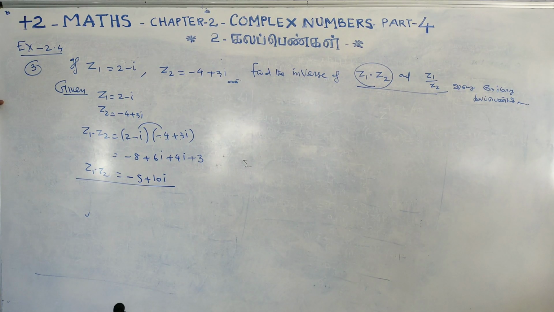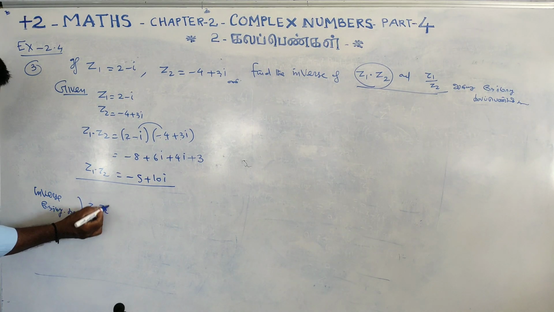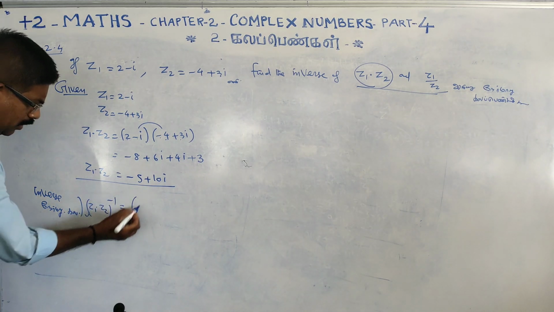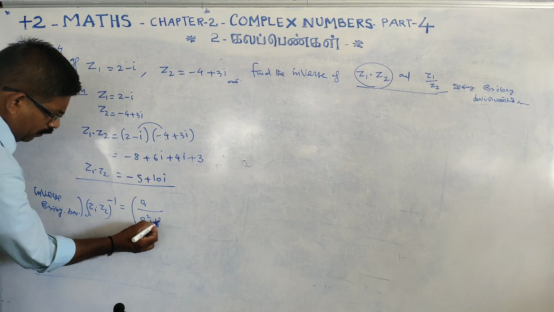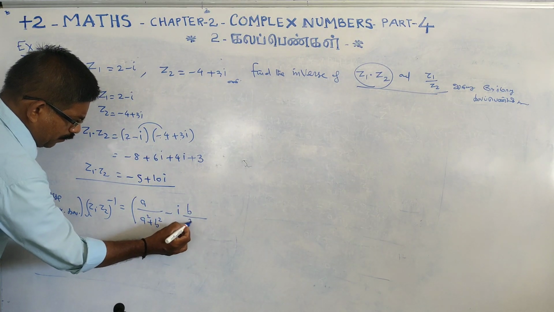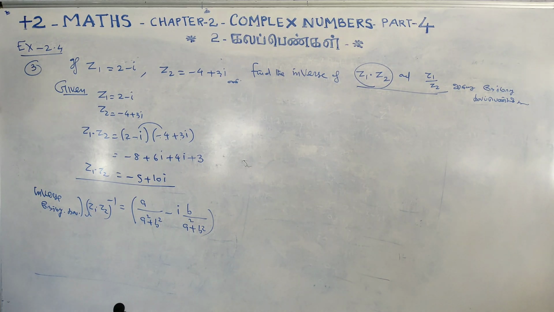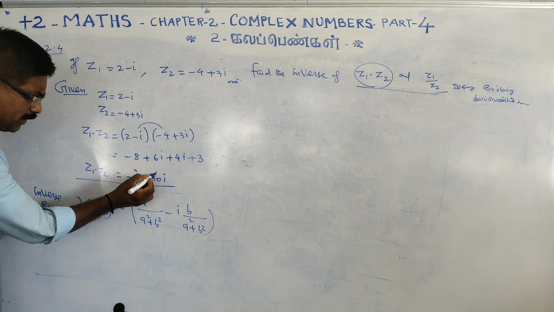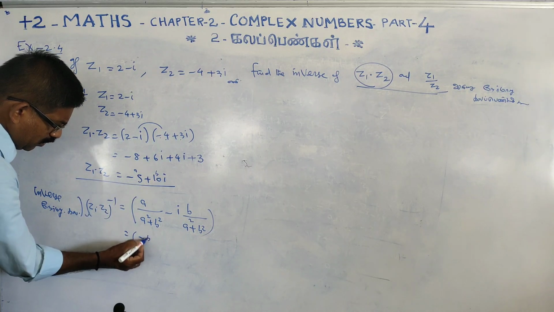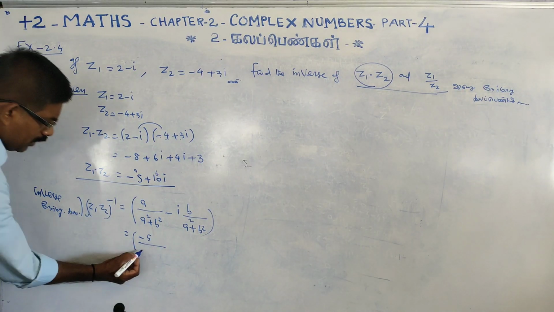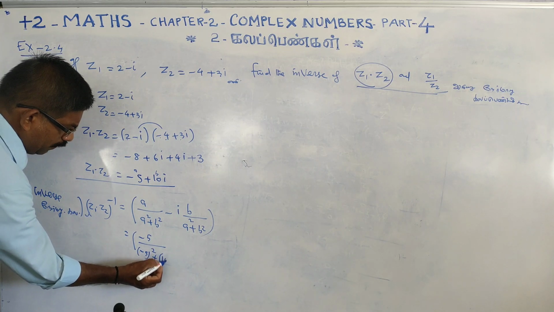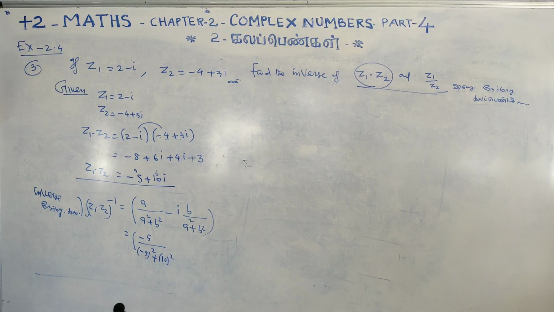They have asked for its inverse. Can we use the direct method? The inverse of the complex number z1 into z2 power minus 1. What is the formula? a by a square plus b square minus I into b by a square plus b square. This is the direct method. This is a, this is b. Substitute: minus a means 5, b is 10.